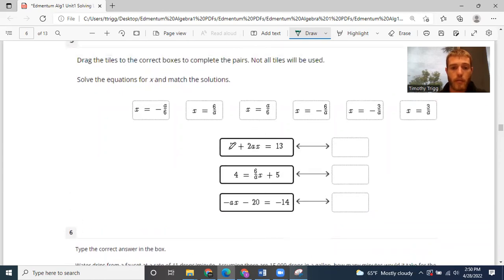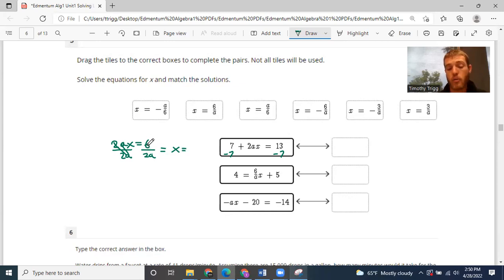So for this first one here, we would subtract 7 from both sides of the equation, giving us 2ax equals 13 minus 7, which is 6. Then I would divide by 2a, giving us x equals 3 over 2a.